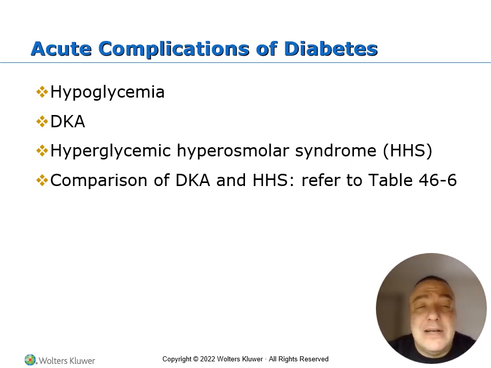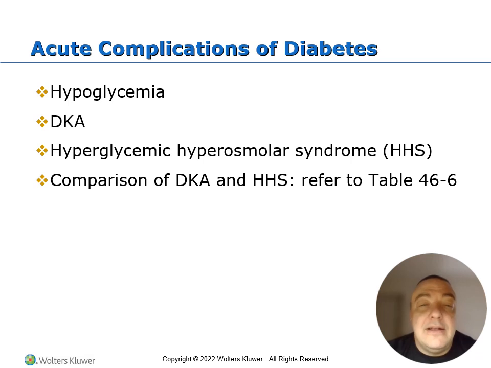It is identified by ketones in the urine, so a urine test. Acidosis means you're going to have a pH of what? I know you all just said that out loud. pH is less than 7.35.